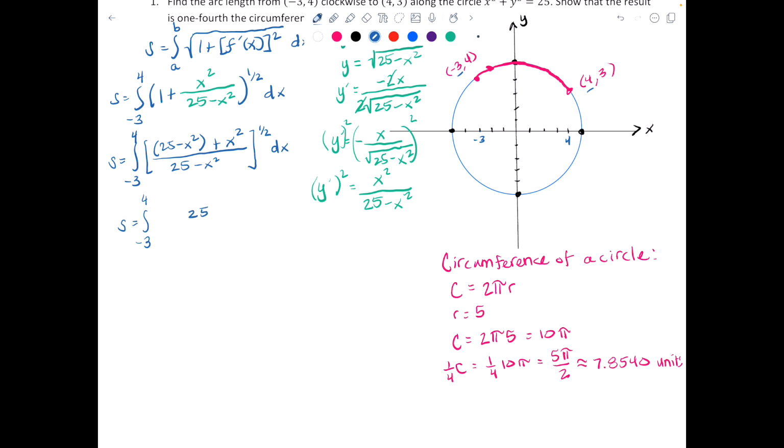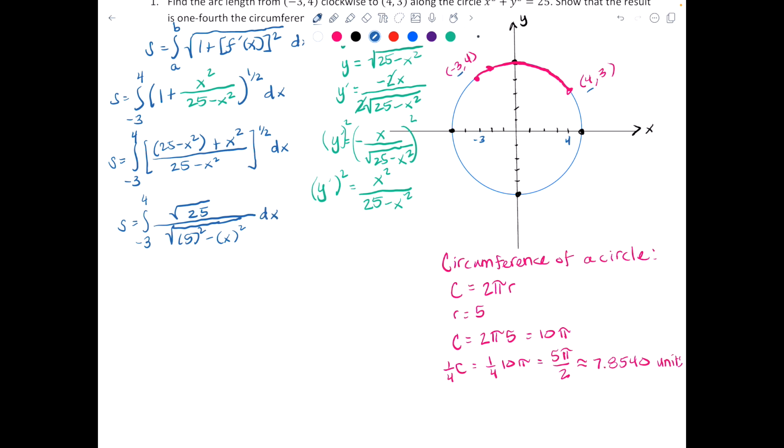I'm going to separate these because you can separate the quotient of square roots, so that we recognize this. We have 5 squared minus x squared in the denominator under a square root.